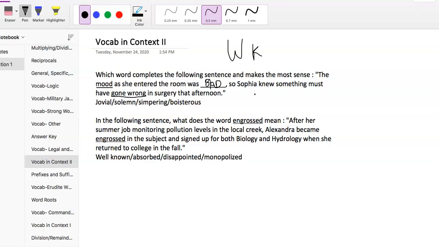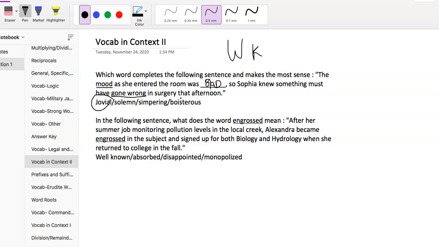Our choices are jovial, solemn, simpering, boisterous. Vocab in context 2 is one of the harder sections in all of word knowledge, and that's the reason: we have some harder words.